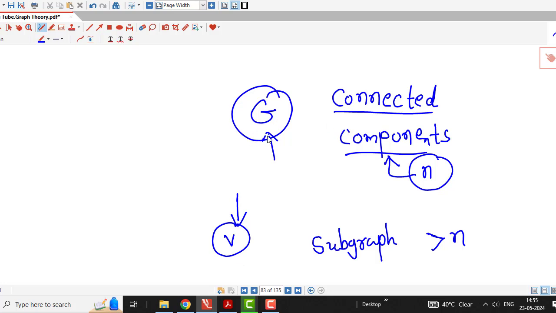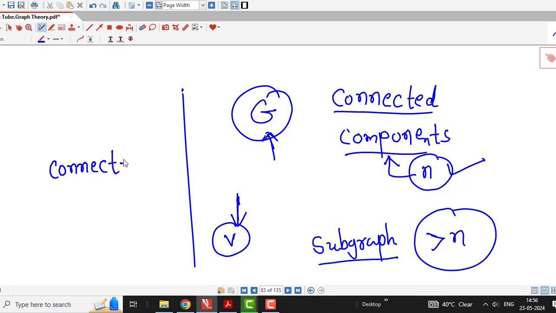In the case of a disconnected graph with n connected components, if after removal of some vertex V and all edges incident with V we obtain more than n connected components, then V is called a cut vertex.